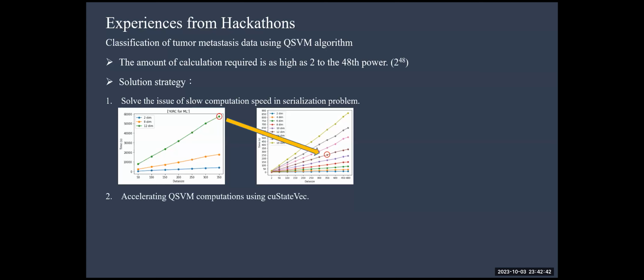And second, we accelerated QSVM computation using a bootstrap vector. The QSVM bootstrap vector brings a significant speedup to our calculation. But we have a memory issue when dealing with 31 qubits and 2 data points.